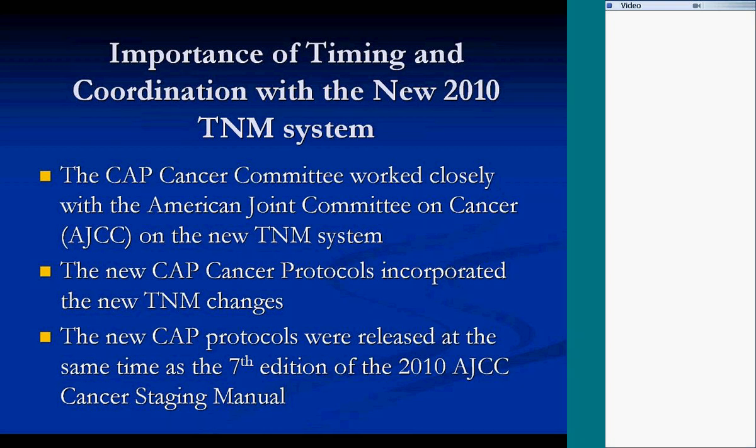And the CAP, via the Cancer Committee, worked very closely with the AJCC in the development of this new TNM system, and the CAP specifically targeted the release of the new cancer protocols to coincide with the release of the new TNM publication. The 7th edition of the AJCC Cancer Staging Manual has just now been published and is out for only a few months. So that was important coordination and timing.